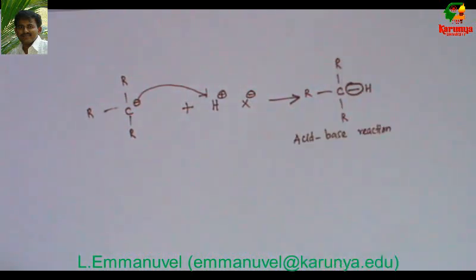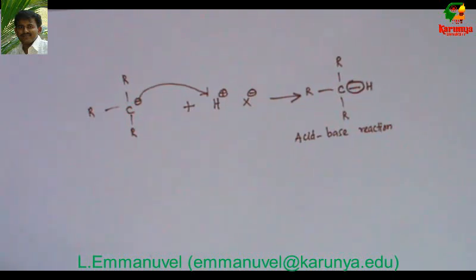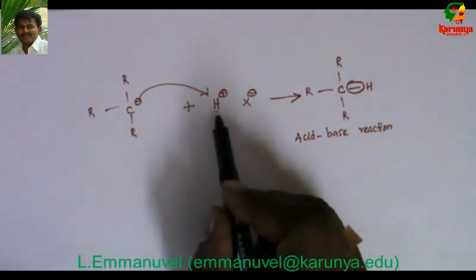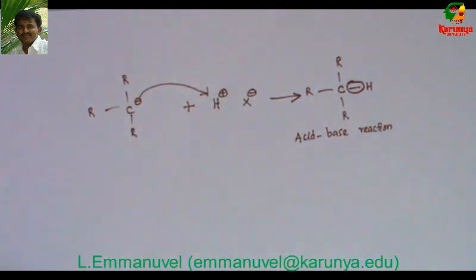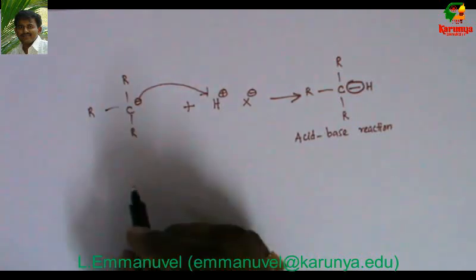An acid-base reaction is basically a reaction between electrophile and nucleophile. We give the name acid-base reaction when the electrophile is H plus. So it is a special category. When the electrophile is H plus, we give the name acid-base reaction.